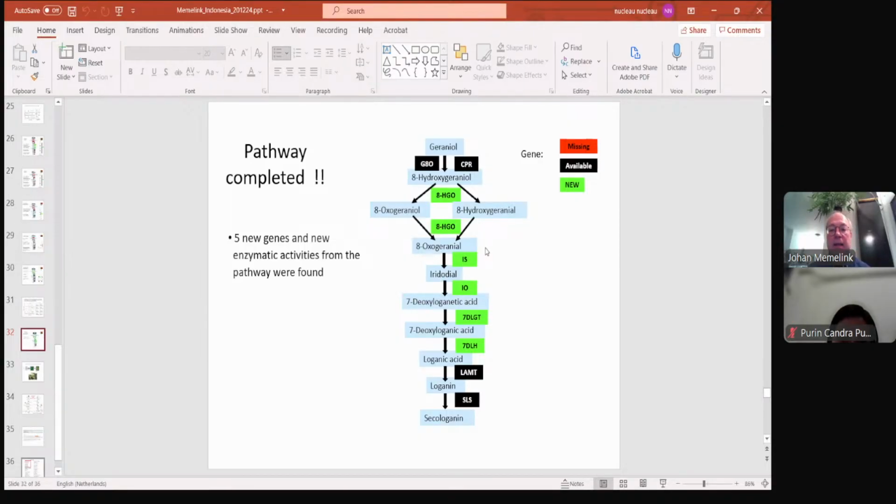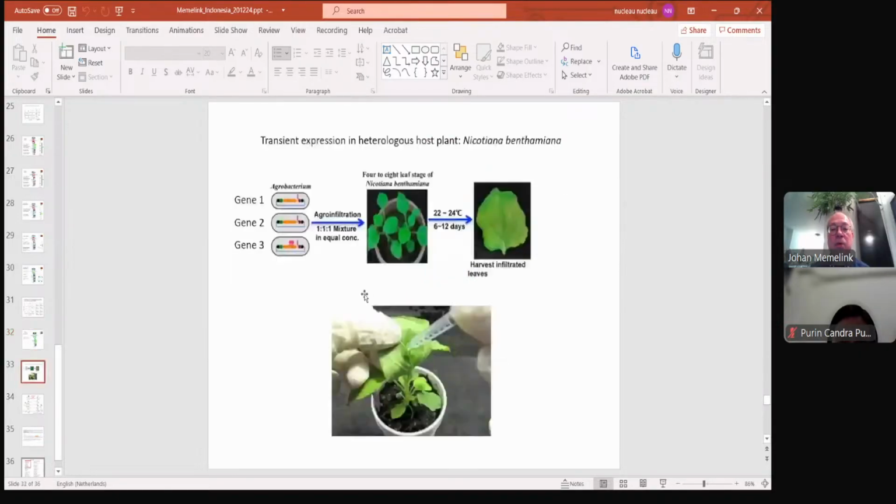And yeah, we were not completely satisfied with having this just like this on paper. So we also want to show that in planta, these enzymes can convert geraniol into secologanin. And for this, we used another type of assay, which is called an agro-infiltration assay in a heterologous host plant, Nicotiana benthamiana.